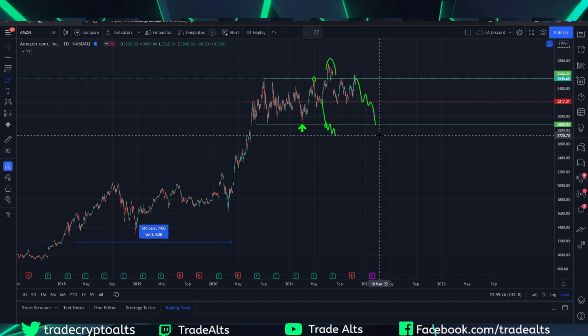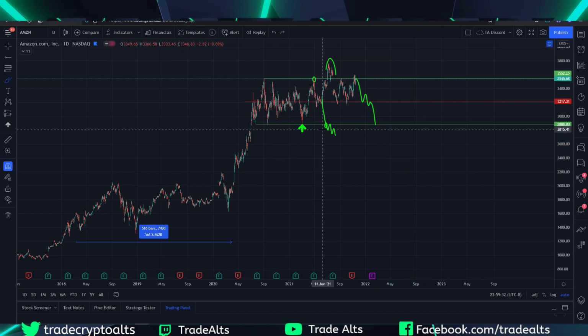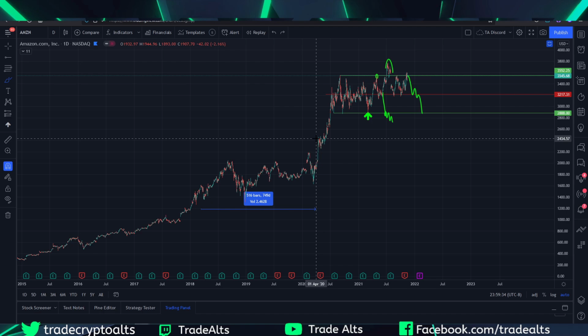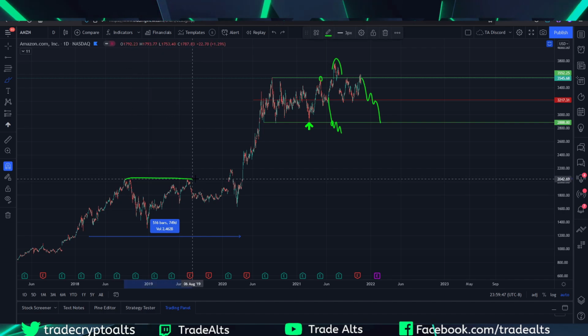If this started to lose structure and majorly pull back, one area that I'm going to be very in tune with as far as potential targets to the downside is your old range. So you have your old range up here.